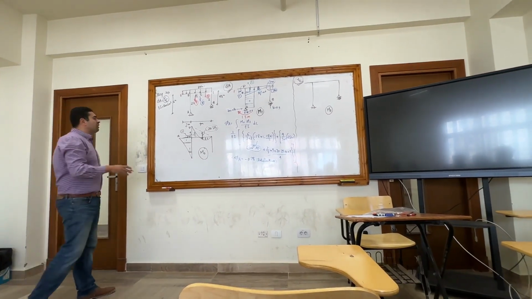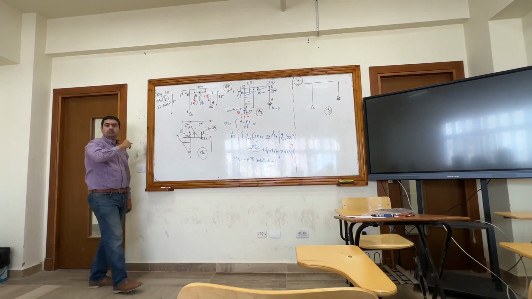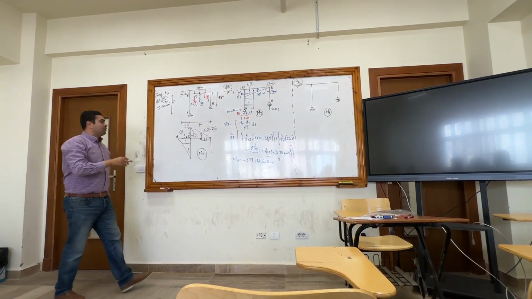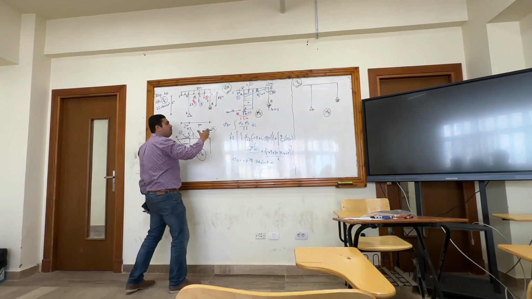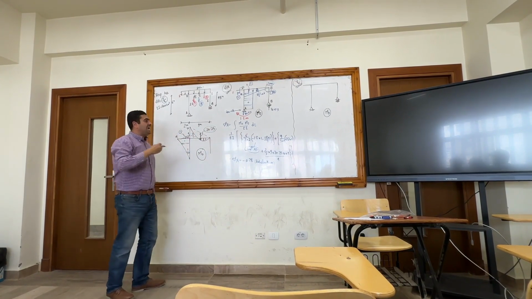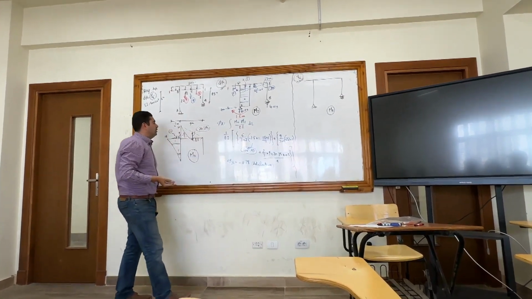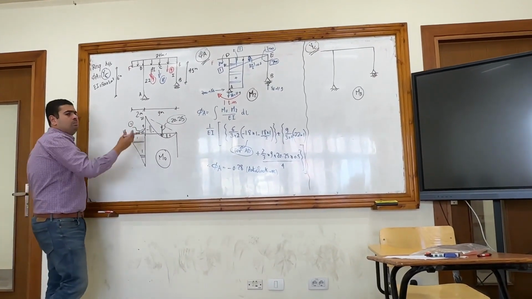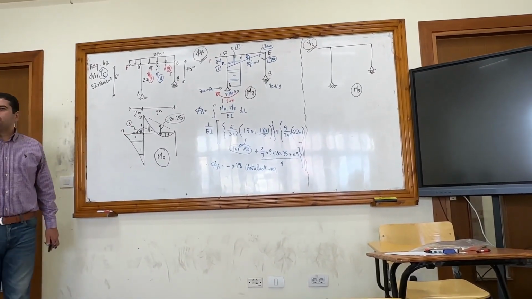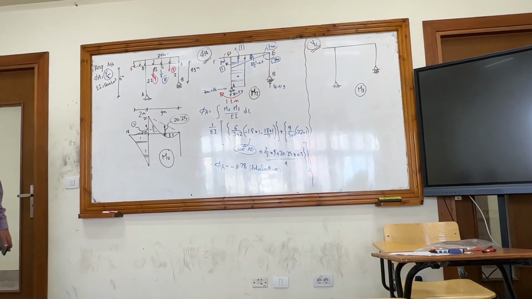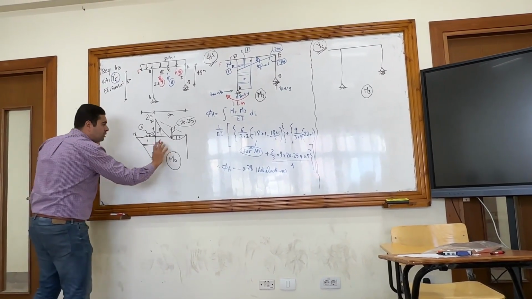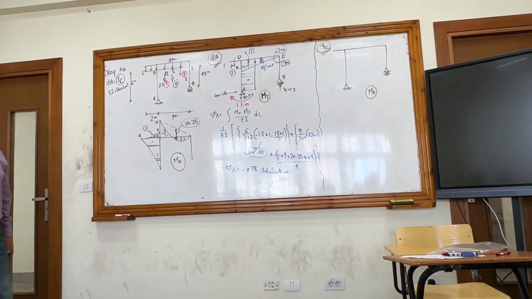Because if you do this from the beginning and you are integrating this shape with M1 and M2, this will be so complicated to understand. What do I mean? Let's now draw the M node modified.